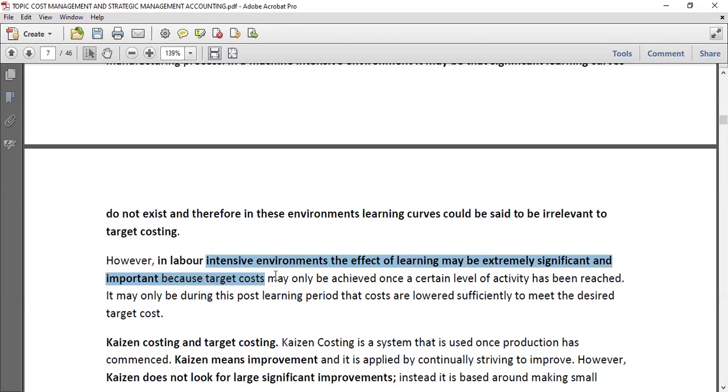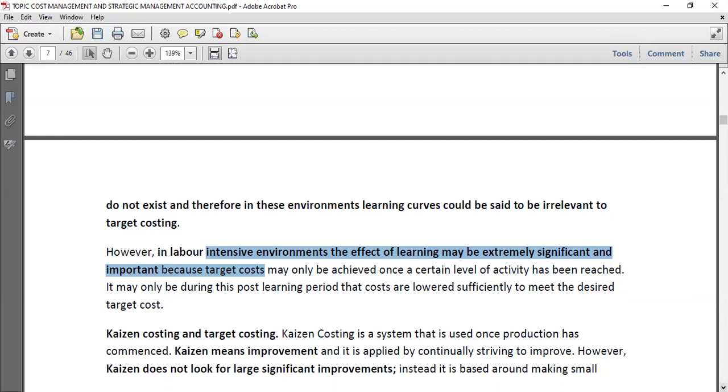When you have a labor-intensive environment, the learning curve will apply, and so our target cost will definitely continue to lower as we proceed through the process. So that is what you may understand when it comes to that.